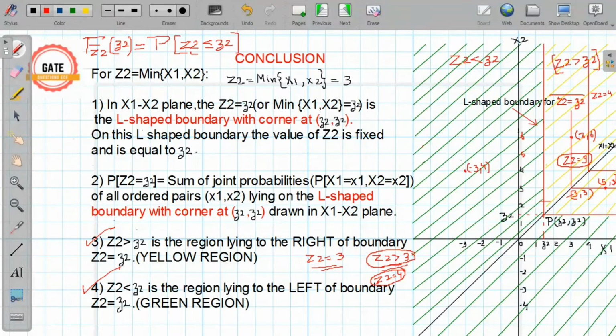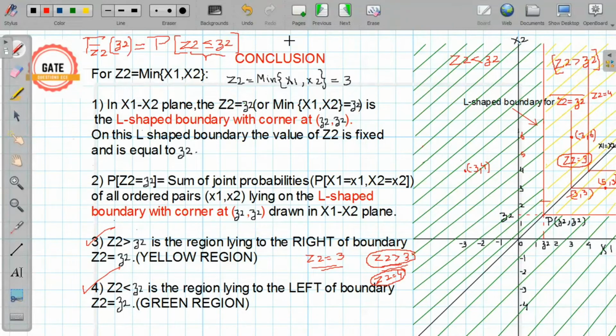So you observe this inequality. You can look here in this x1 x2 plane and observe that capital Z2 less than or equal to small z2 is the region which includes this whole green region as well as this boundary.